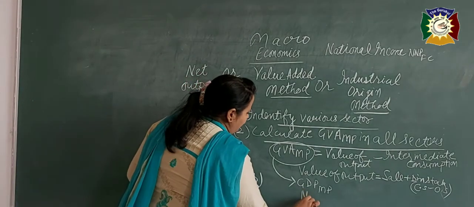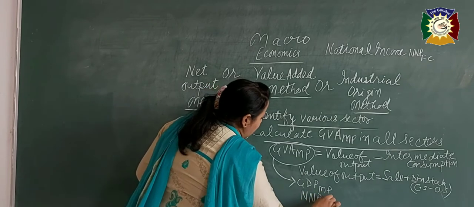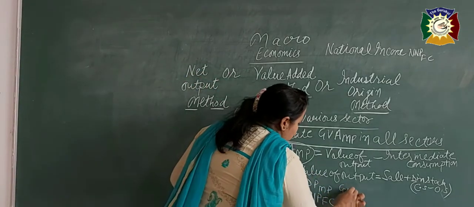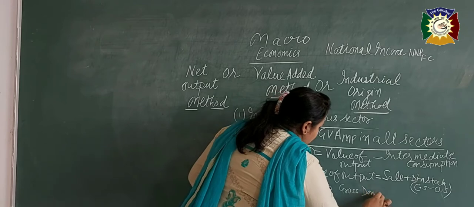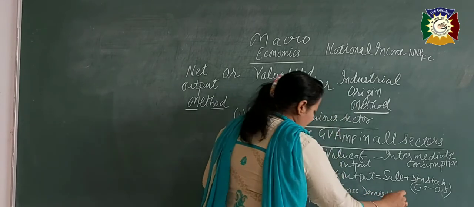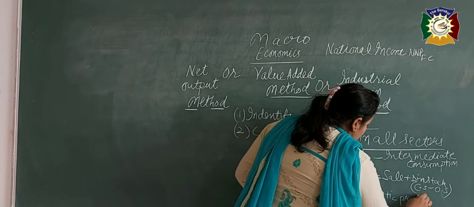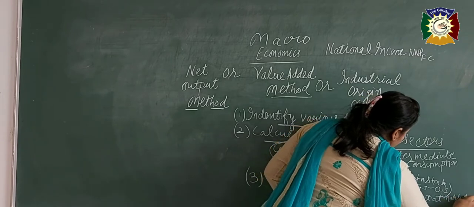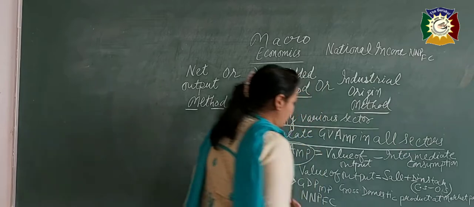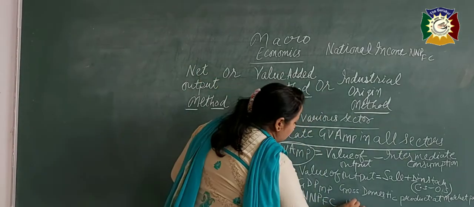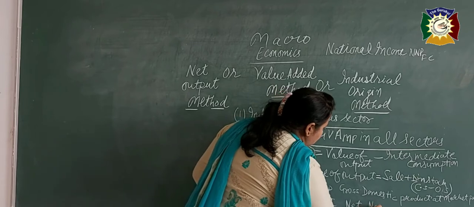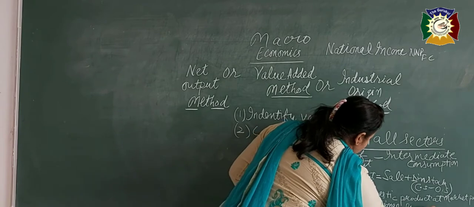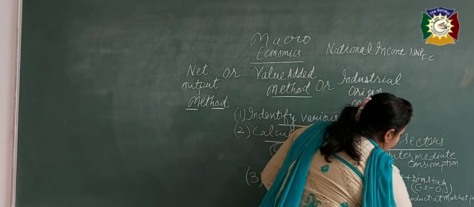This is NNPFC. I am telling you the other one: gross domestic product at market price, and next is net national product at factor cost.